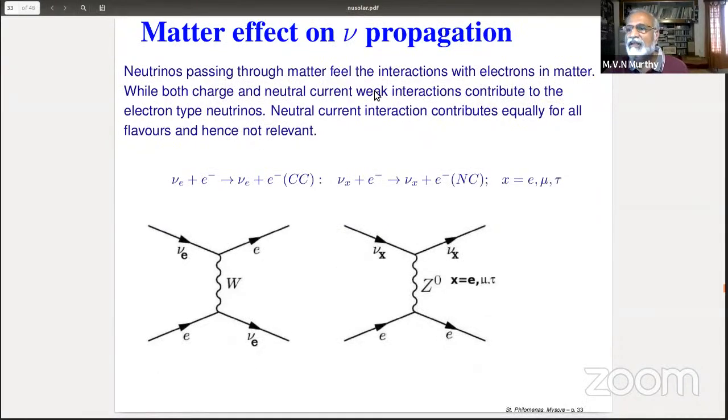The analogous thing that you can think of here is when light goes through matter, actually the photons, the particles of light, interact with matter. At a classical level, this interaction is taken into account by the refractive index.